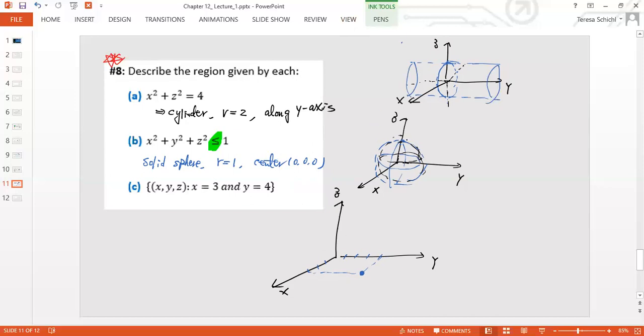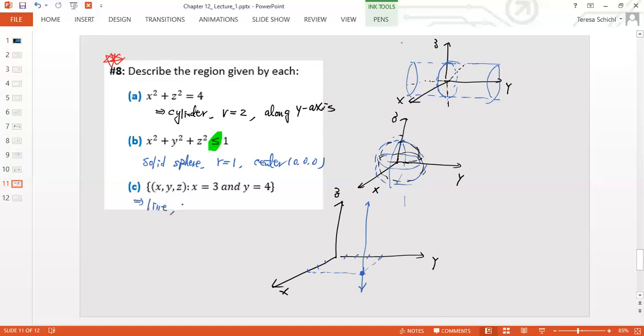So my graph here will be like that. What is the graph? Because you need to pass through x equal to 3, y equal to 4, but z can be any value, this is a line.